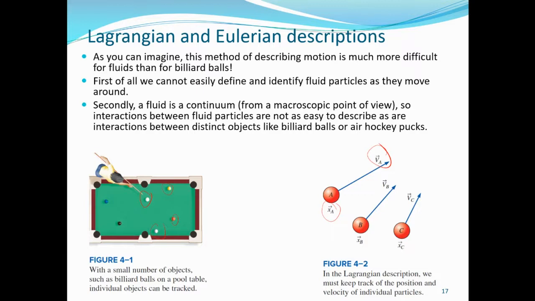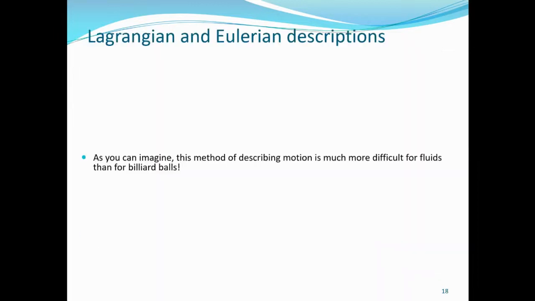Interactions between fluid particles are not as easy to describe as interactions between distinct objects like billiard balls or air hockey pucks. Furthermore, fluid particles continually deform as they move in the flow, because under the action of shear stress they continually deform. That makes it more difficult to track the movement of individual fluid particles.